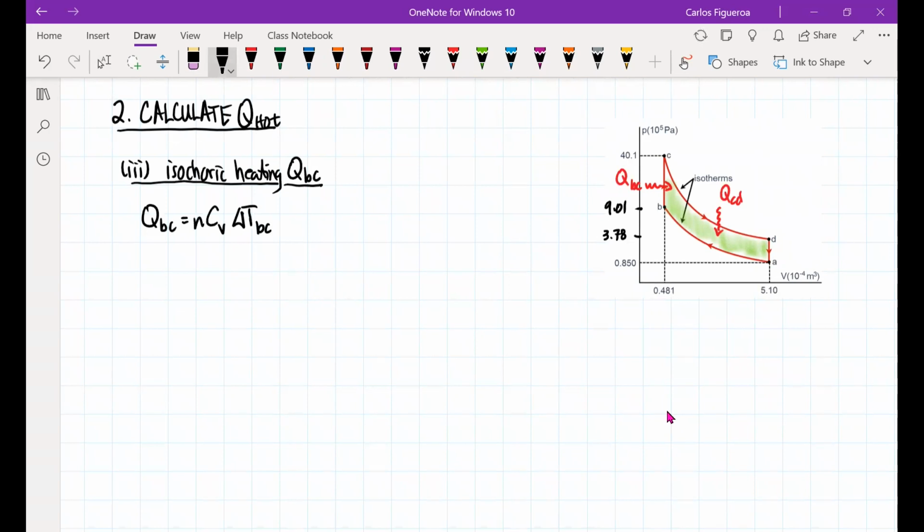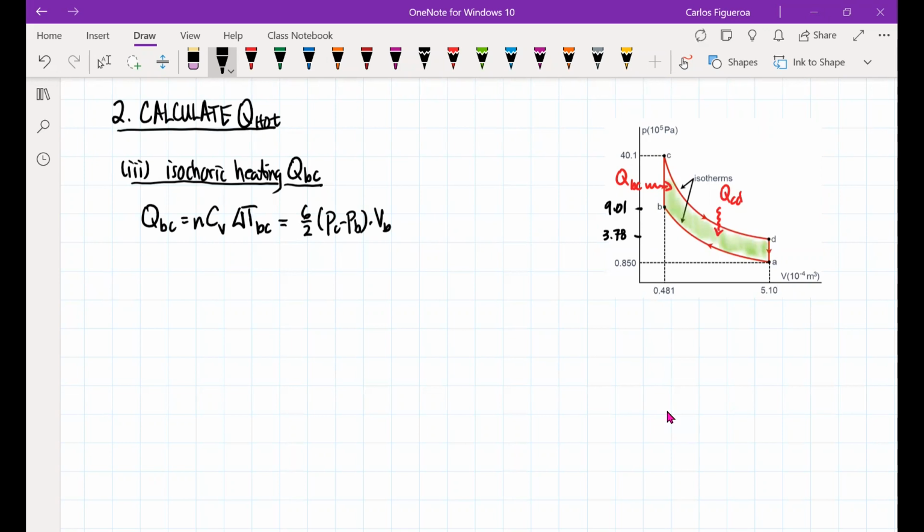Now, look at the volume. It's constant at VB, so it's going to be 6/2 times the pressure difference PC minus PB times the constant volume, which I'll call VB.